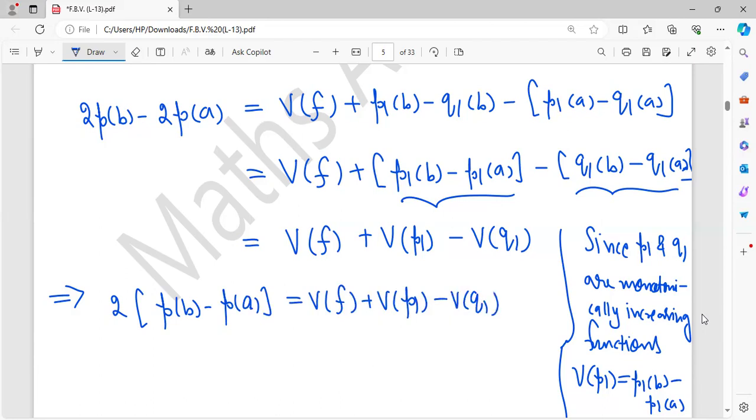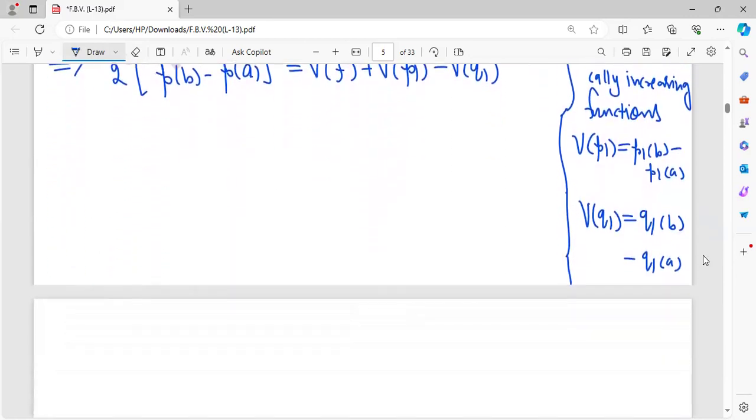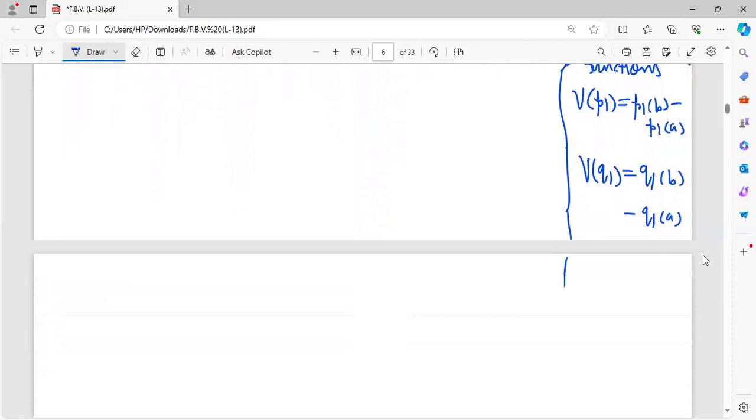So P is also monotonically increasing now, since P1, Q1 and P are. So what is the variation of P?